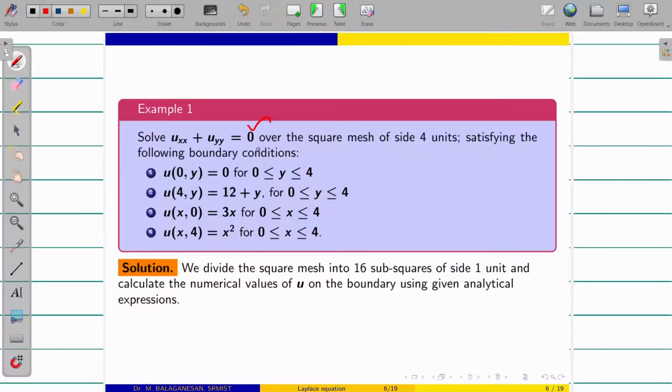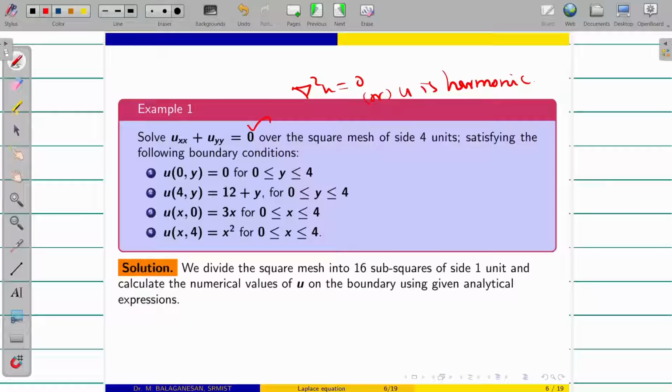Or they will specify the method, such as solve by Liebmann's method, and using that we can also easily identify it. Instead of giving u double x plus u double y equal to 0, they may give del square u equal to 0, or they may say u is harmonic.